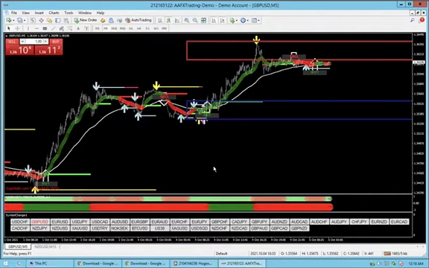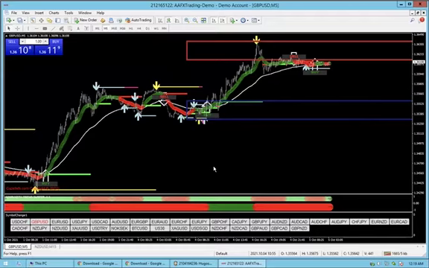The whole point is we take entry off the rejection of a strong confirmed higher time frame. If we could take a 15 entry based on 4 hour and hour bias, we also can take a 5 minute entry off 15 minute, 30 and hour bias.